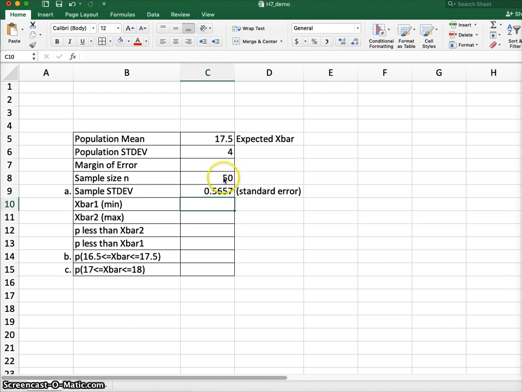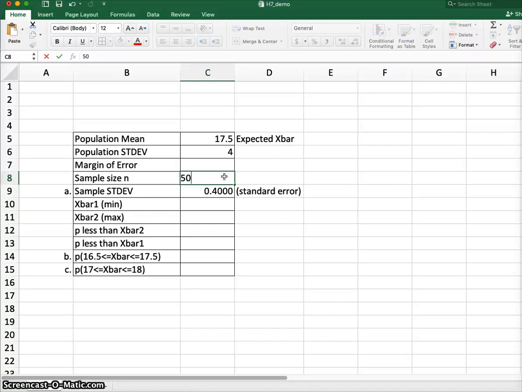If I used a bigger sample, for instance doubling it to 100, that will make the sample standard deviation smaller. Basically, the larger the sample, the higher the probability that it's close to the population mean.